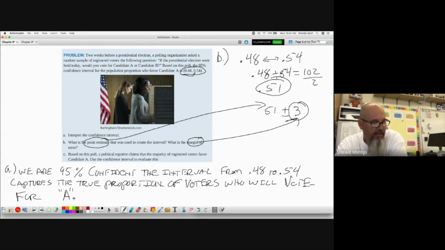Because 50% falls in the interval, then no, I am not convinced that the majority of the voters will vote for A. Just because the estimate was 0.51, we have to take into account the margin of error of this 3 percentage points here. So no, we are not confident that the majority of the voters would vote for candidate A.